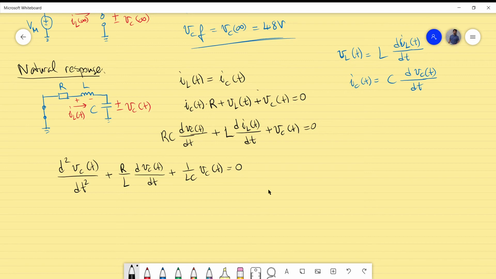So let's use that. What do we have? We have the R and the L and the C. So if I substitute this, I will get the following.